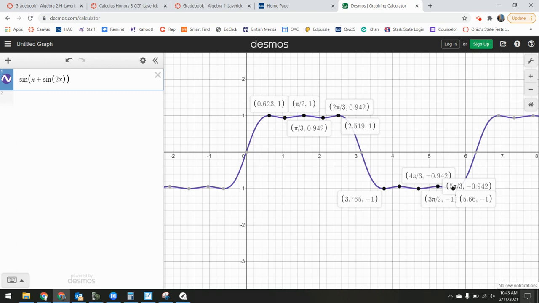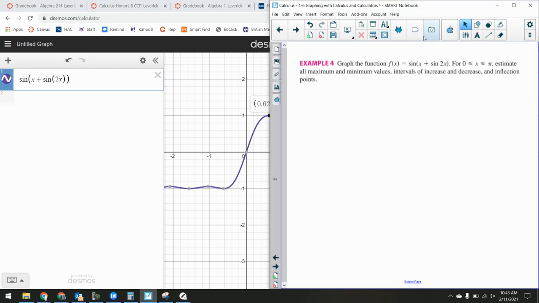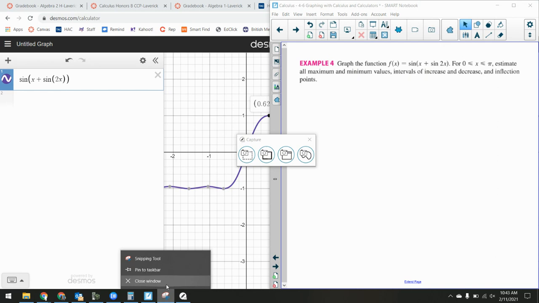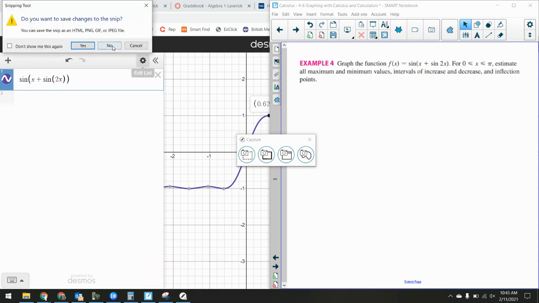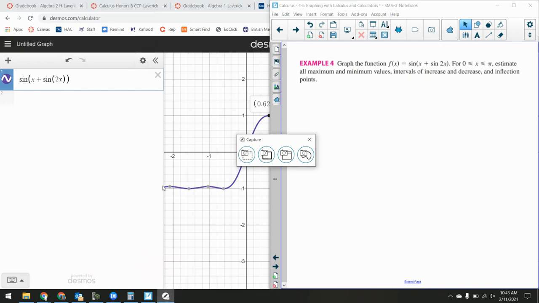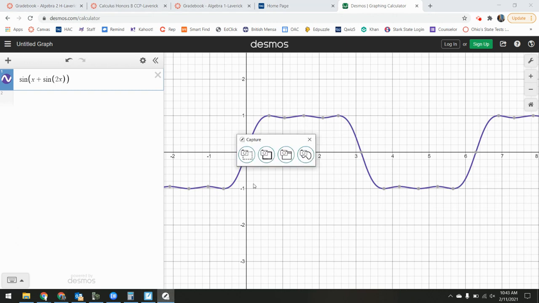There we go. Okay, so I'm going to screenshot. This is my original graph. So it's already there. Oh, I lost all those points? Are you serious?